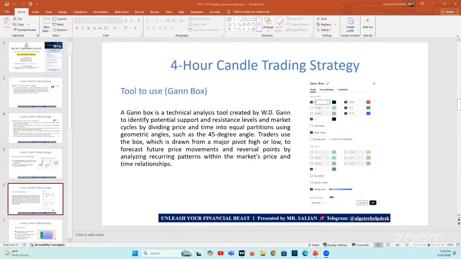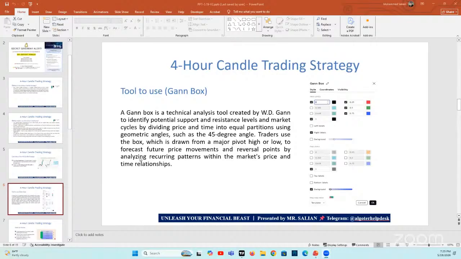So a gun box is a technical analysis tool created by W.D. Gunn to identify potential support and resistance levels and market cycles by dividing the price and time into equal partitions, using geometric angles such as the 45-degree angle.